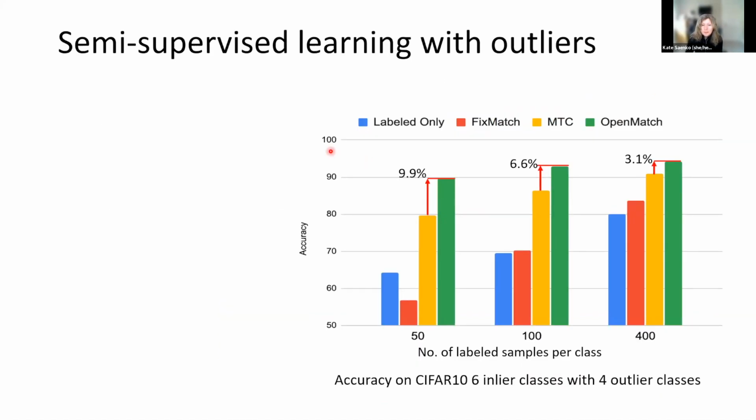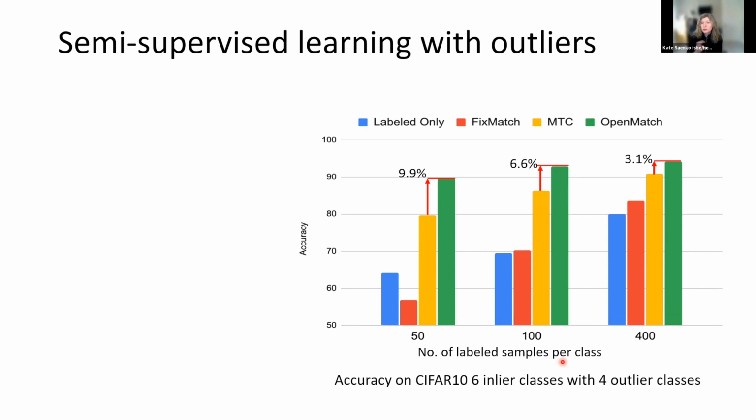So these are some results from the paper, just one table, not going to go into a lot of detail. Here we're evaluating on CIFAR-10, which is a standard benchmark for semi-supervised learning, with varying numbers of labeled samples per class.